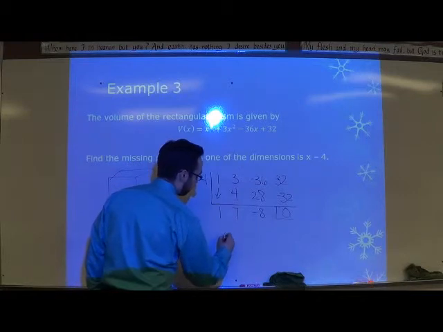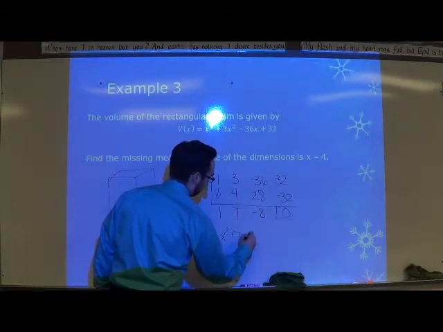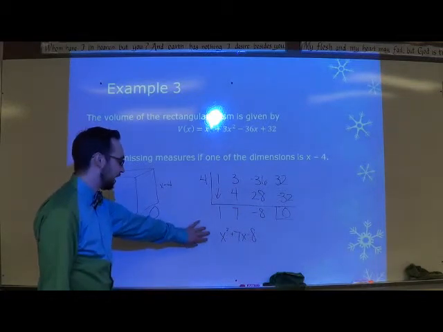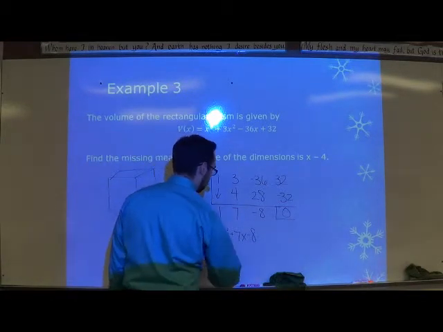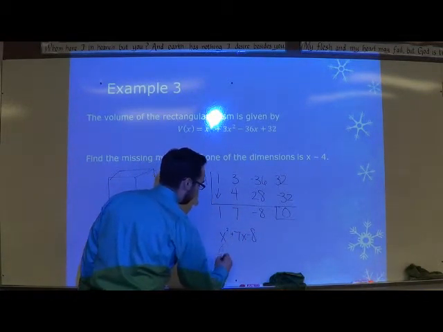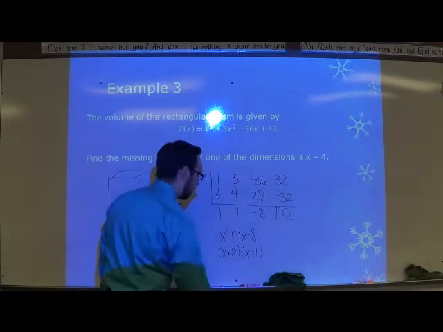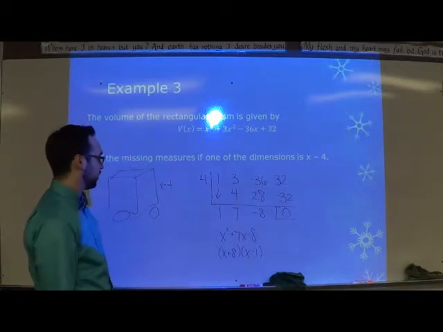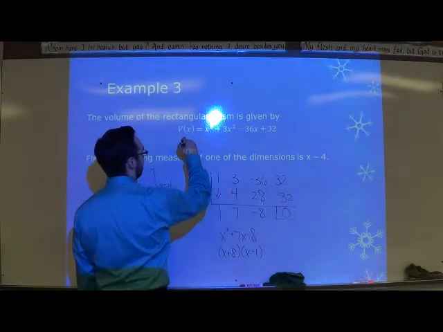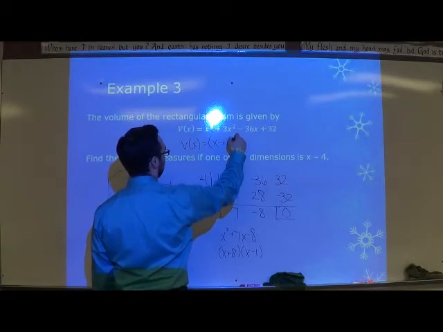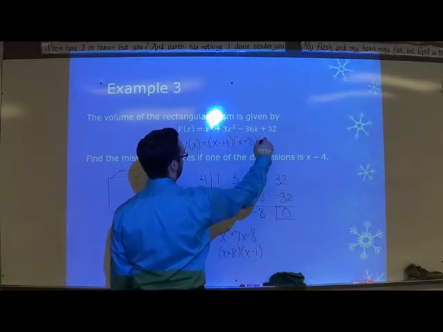So then I end up with x squared plus 7x minus 8. What do I do? I factor that. And I say, okay, these are my remaining dimensions: x plus 8 times x minus 1. So the volume separates out into the one they gave us times the ones we just found.